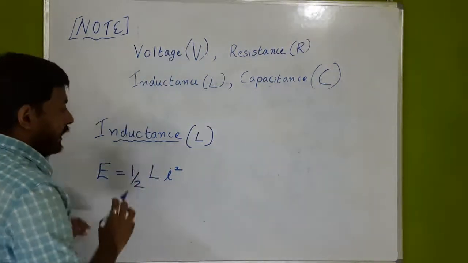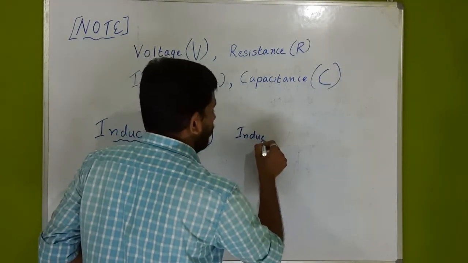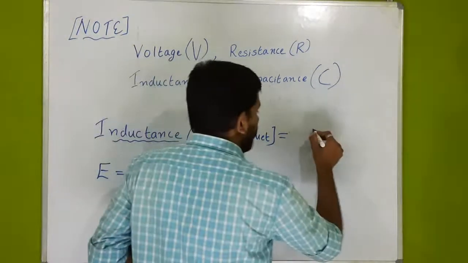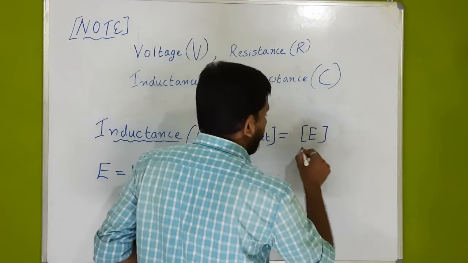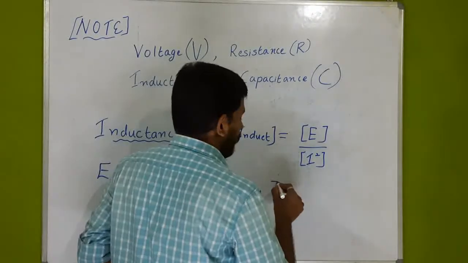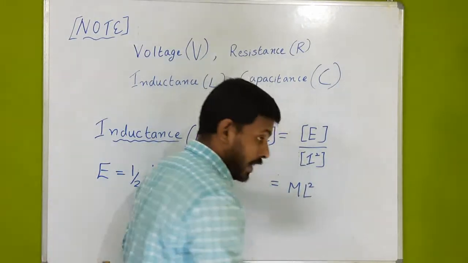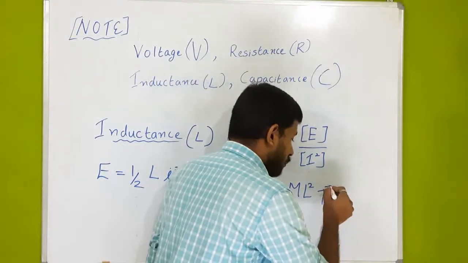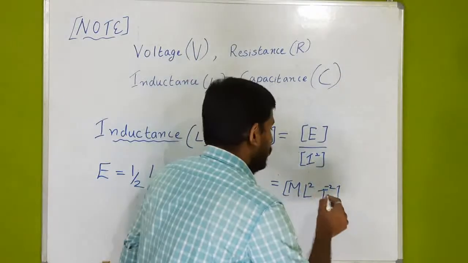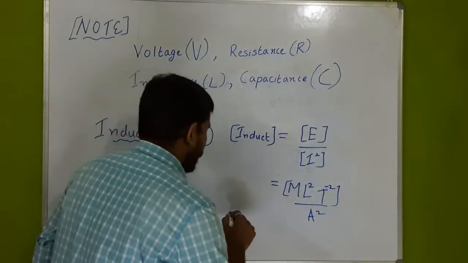Therefore, the dimension of inductance is equal to the dimension of energy divided by the dimension of current, the whole square. The dimension of energy is the dimension of work, that is ML^2T^-2. Then the dimension of current is A squared.